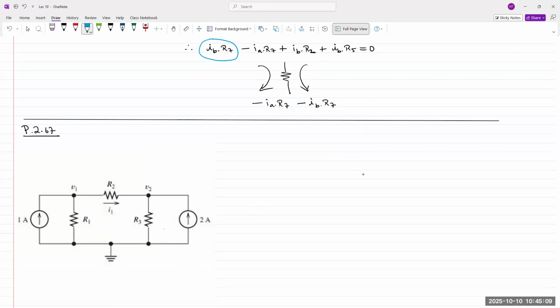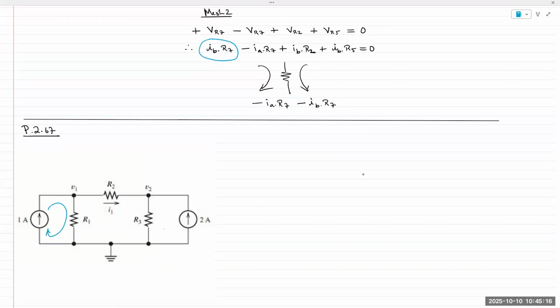There's no way to combine these three meshes without doing a major transformation. So if I choose a mesh current like this, and I choose another one like this. Now for the third one, I could go with a clockwise direction. If I go with a clockwise direction, IC will be minus 2 amps. But if I don't want to deal with a negative sign, I can just choose a counterclockwise direction, and IC will be plus 2 amps.